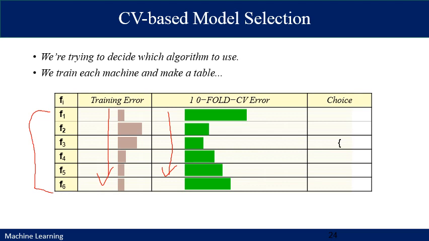As you can see, training error is slightly less for the first and last few algorithms, but when we compare using the tenfold cross validation error, just because our data is less predictable and has a lower number of examples, we come to know that the third classifier performs much better on the tenfold cross validation error. Therefore, this is our choice of model.